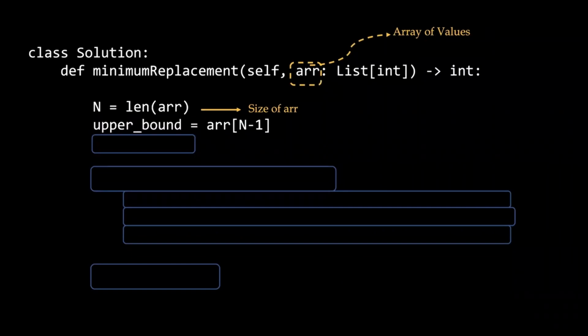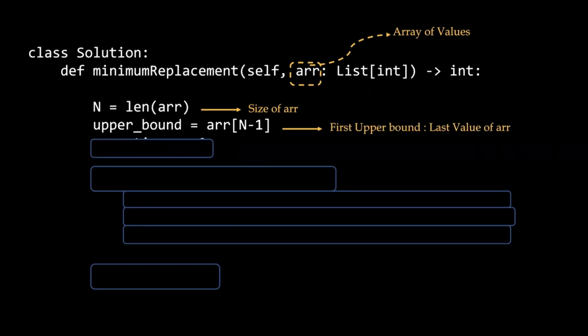Then one more variable is used, which is the current upper bound, which will be the last value of the array as we have discussed in our solution. So this is the first upper bound, which is the last value of the array. Now one more variable which will be needed is the number of operations, which is initialized to 0 as there is no operation done till this point of time.